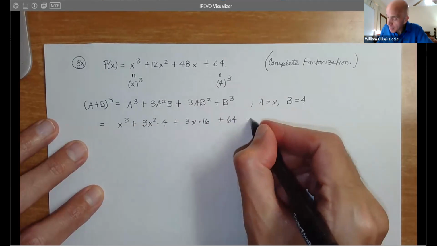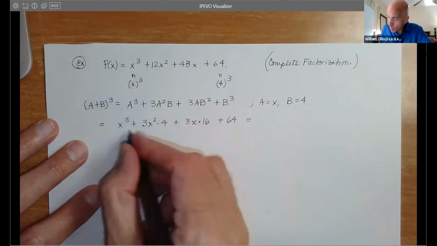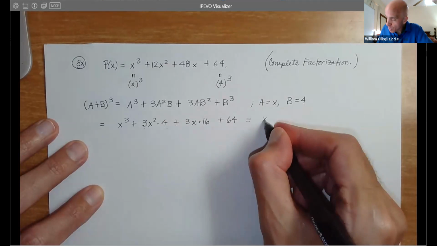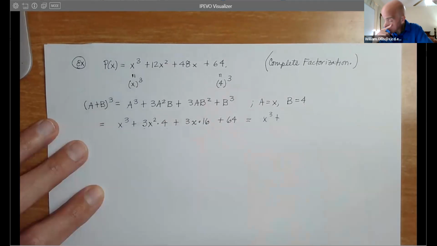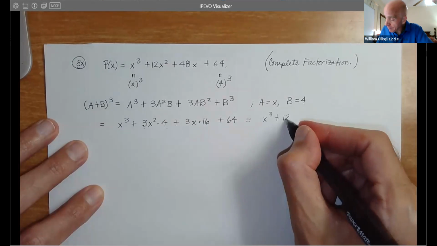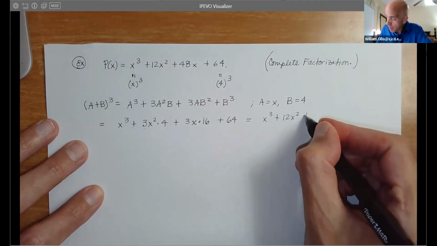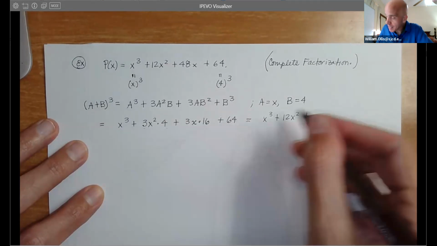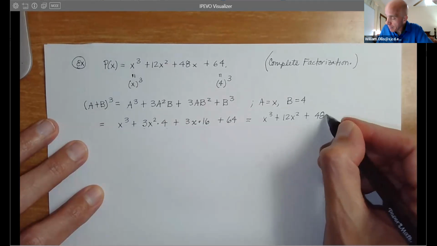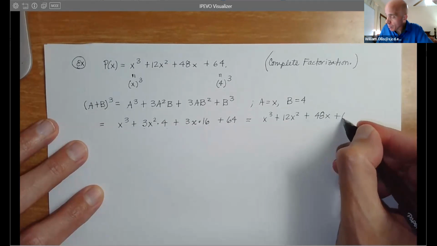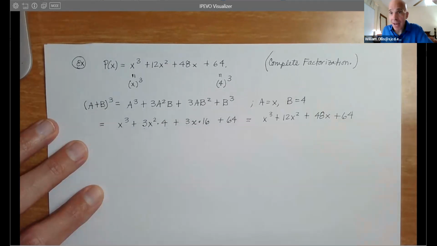But now we see that gives us these terms, the 3 times the 4, so we get x cubed plus 12x squared plus, and then of course the 3 times the 16 is a 48 plus a 64. So we got that one for free.